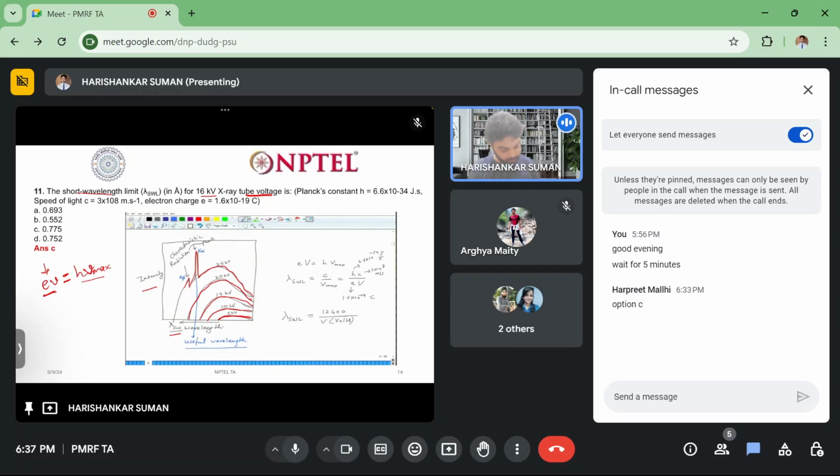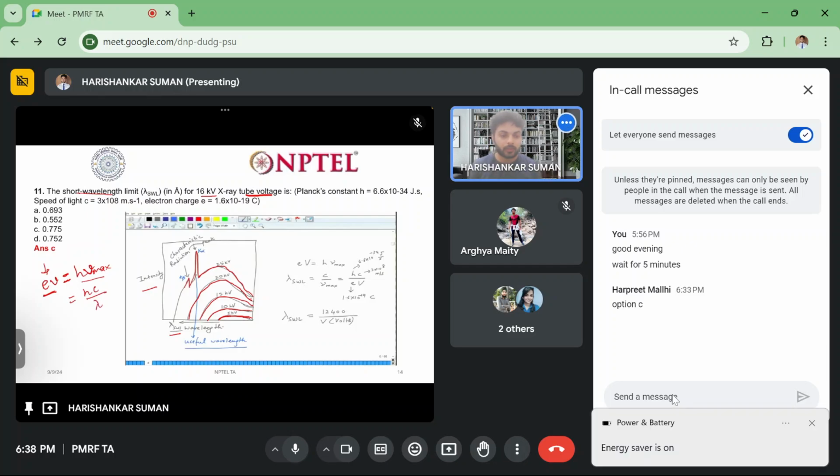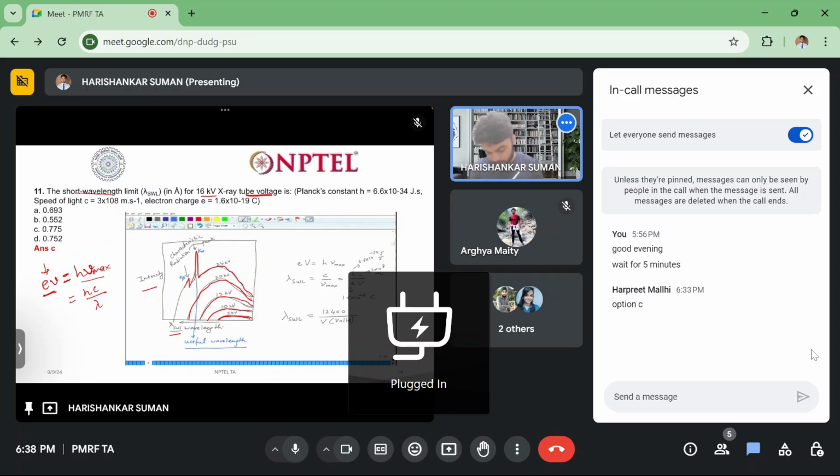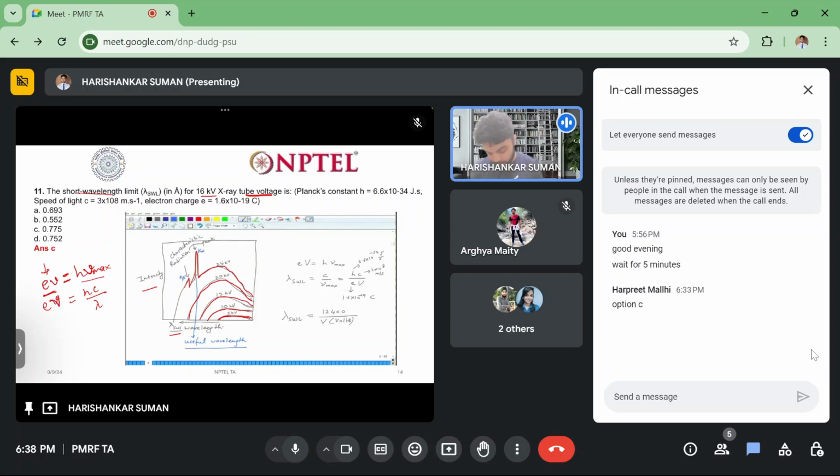Let's equate this, and we will convert it to hc by lambda. Sorry, this is in volts. So hc by eV corresponds to the shortest wavelength emitted from the sample.